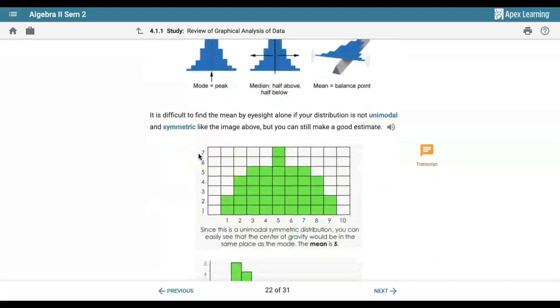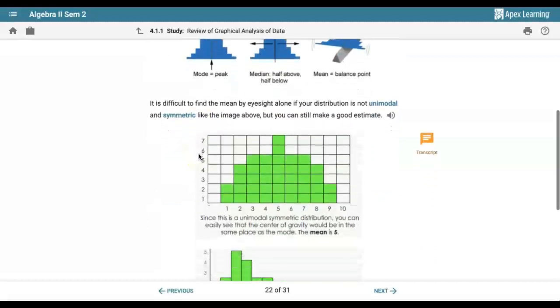So looking here, sometimes it's difficult to figure these out by eyesight, but we can try to take a look. This one is unimodal and it is perfectly symmetric. Since we know it's unimodal and perfectly symmetric, that means our mode here is at 5. It's one mode.